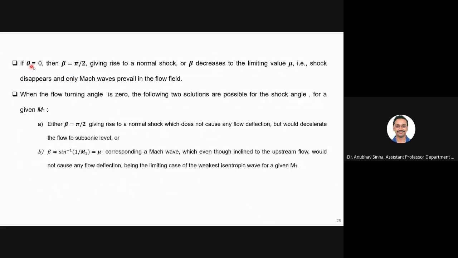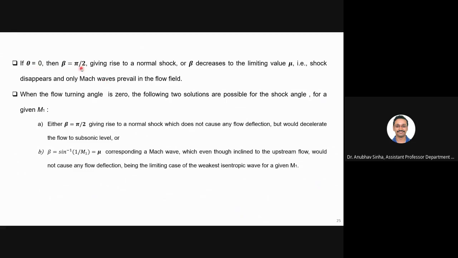Now, for theta equal to 0, or when beta is pi by 2, what will it represent? It will form a normal shock, right? It becomes perpendicular to the flow. Or when beta decreases to the limiting value of mu, there will be no shock, we will have Mach waves only.